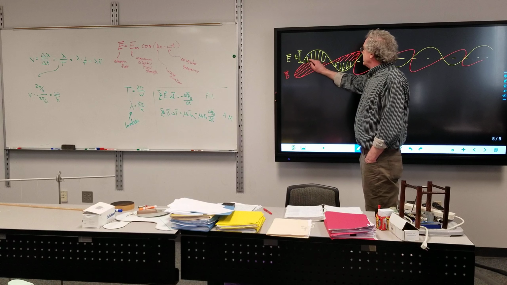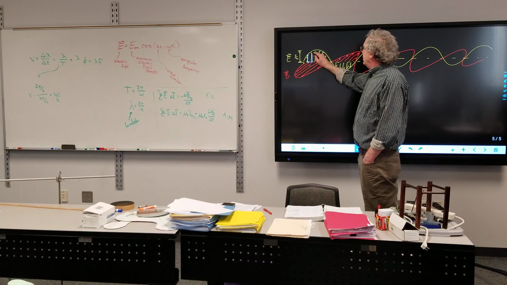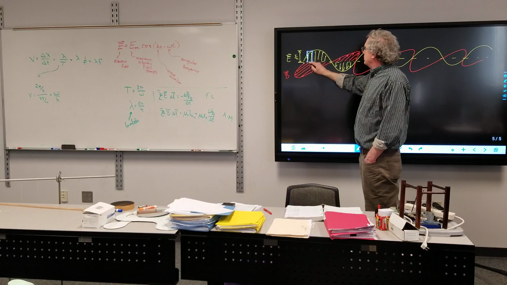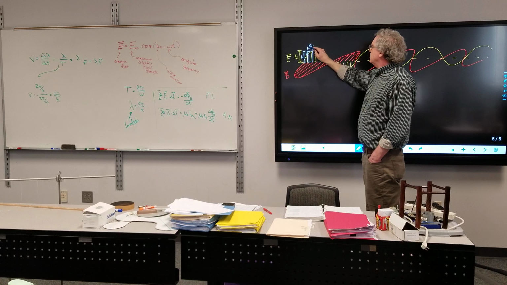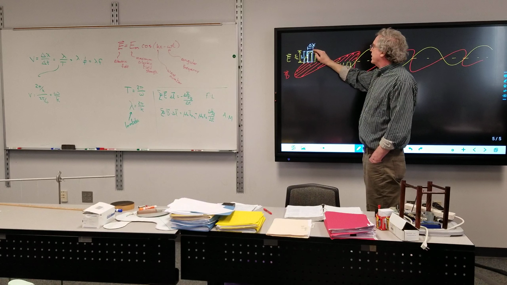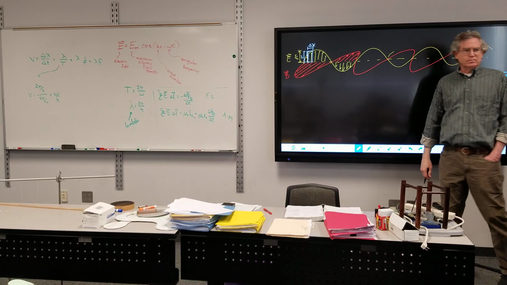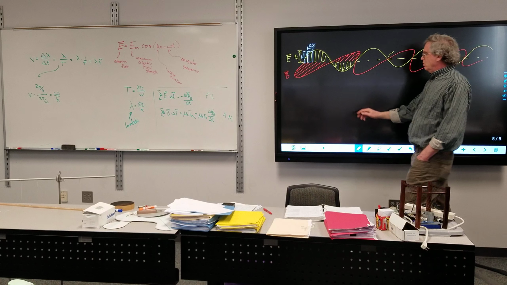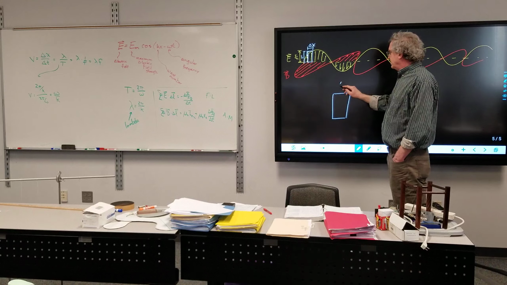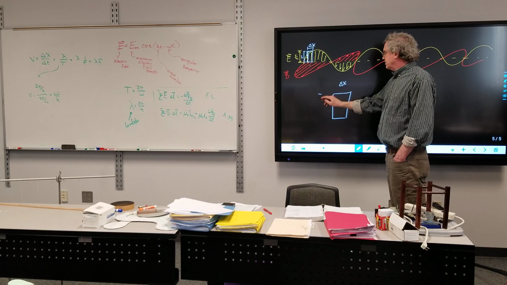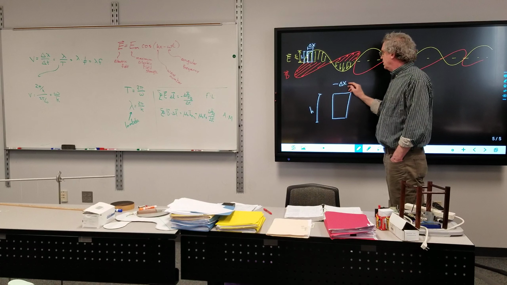So I'm going to create a loop right there, of height h, and of distance here, delta x. So go ahead and bring that up again. I have a width of delta x, a height of h.